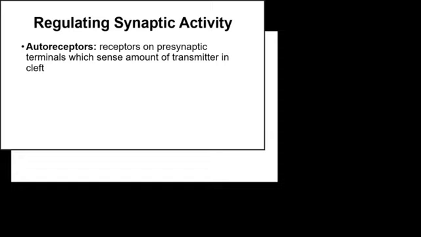And we also have this weird case where the postsynaptic neurons can also regulate activity, which is kind of cool. The postsynaptic neurons can change either the sensitivity of their receptors, so they can make those receptors either more or less sensitive to incoming signals, or in other strange cases, they can actually make more receptors. So if they have more receptors, then you're going to get more of a response from the same amount of signal, which is kind of cool.